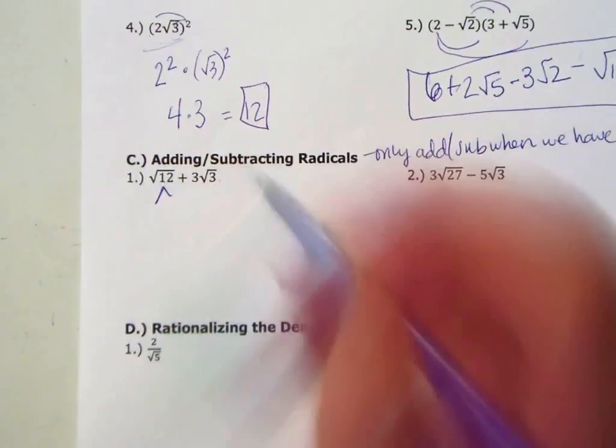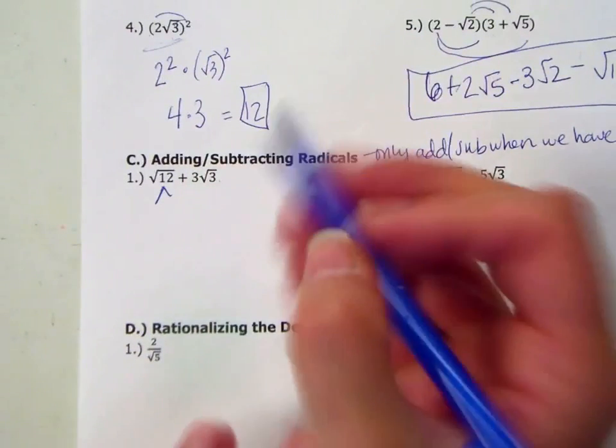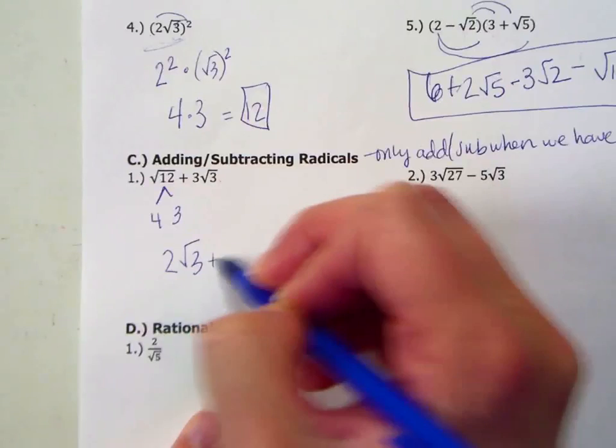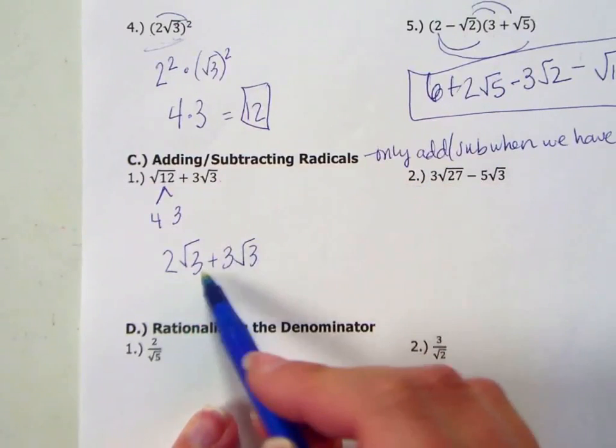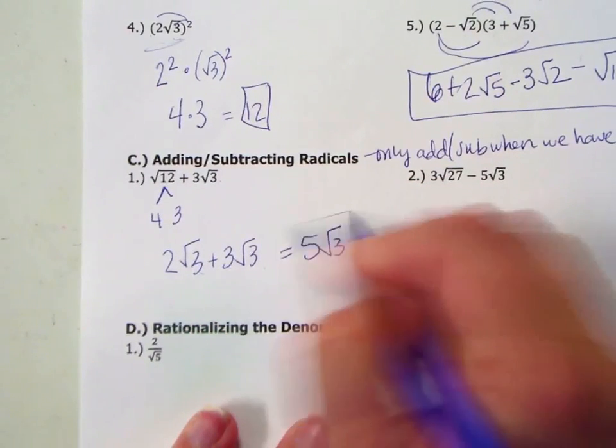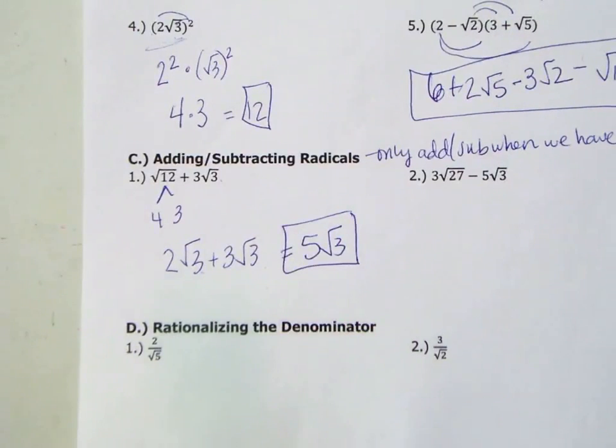But if you were to simplify radical 12, it goes to 4 and 3, so this simplifies to 2 radical 3. Once it's simplified, then they have the same number under the radical, then we can add these to 5 radical 3.